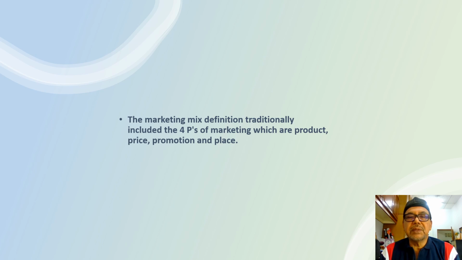Marketing mix definition traditionally included the 4 P's of marketing, which are product, price, promotion, and place. So marketing mix comprises these 4 P's. In the exam, they always like to ask the same question on these 4 P's all over the world. A simple question: please explain what you mean by marketing mix.